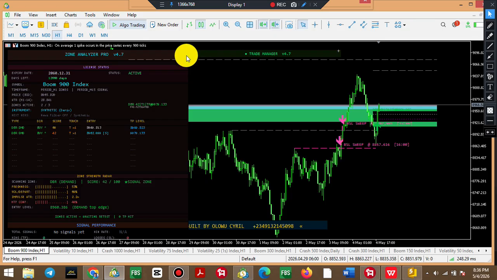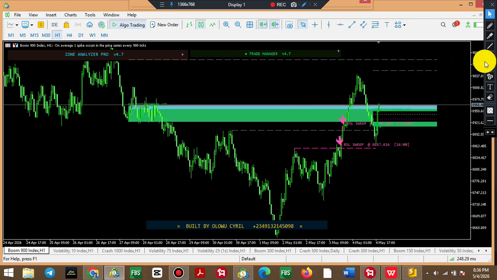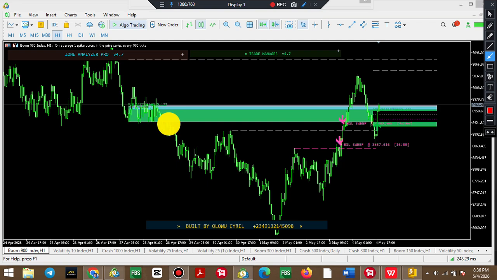Now, when you look at the zone properly, you should know that this point initially was a stop loss zone. This level initially was a stop loss, a supply zone, right? Then price eventually went above that point, converting it into a breaker block, a bullish breaker block, right?